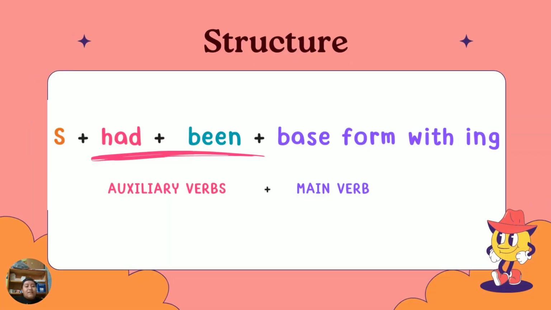First, we have the subject plus the auxiliary verbs, had plus been. Remember that we can use had been, the auxiliary verbs, with all subjects, plus the main verb with the ing termination.